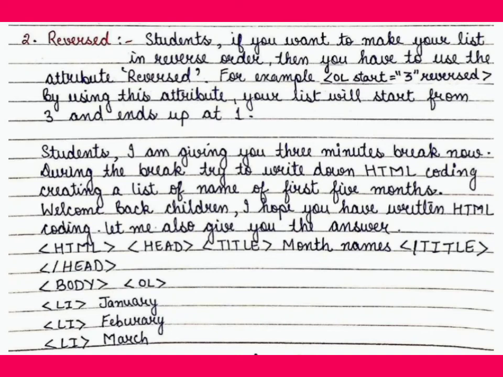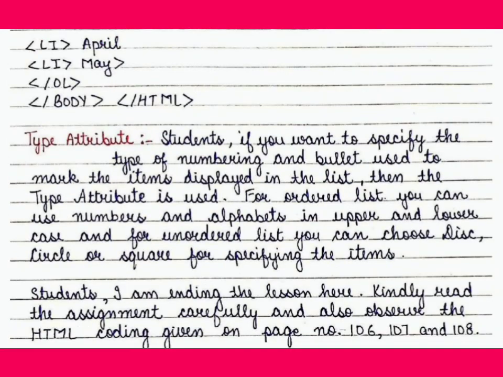After the body tag, start with the OL tag and then start with the list tag as LI and write down the names of the months as January, February, March, April and May. Now close the OL tag. After that, close the body tag and at last close the HTML tag also.